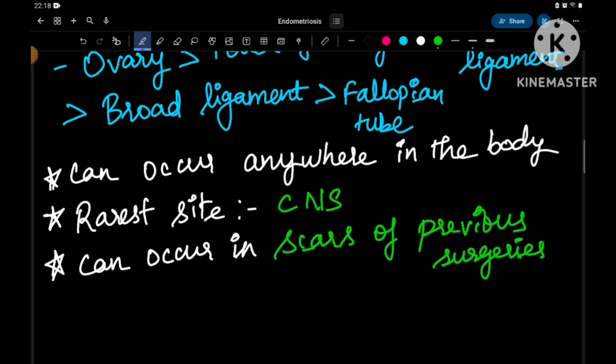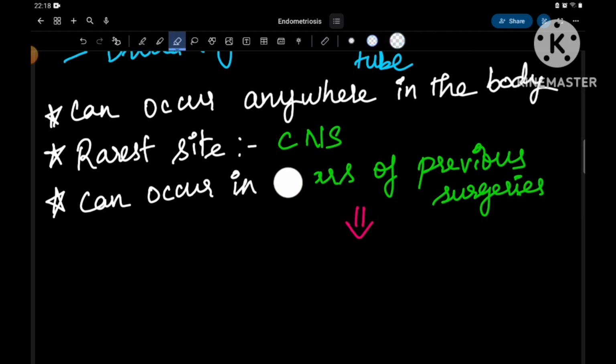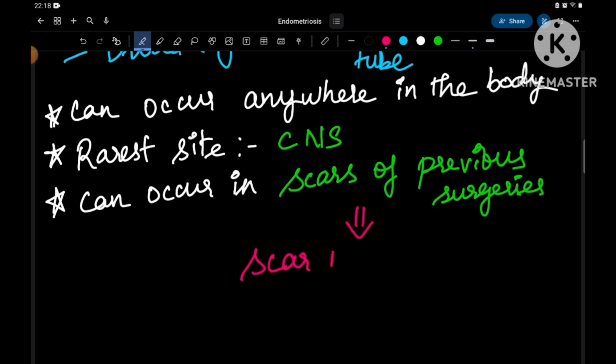So what are these called? This condition is called scar endometriosis, okay? Scars of previous surgeries. This condition is called scar endometriosis.